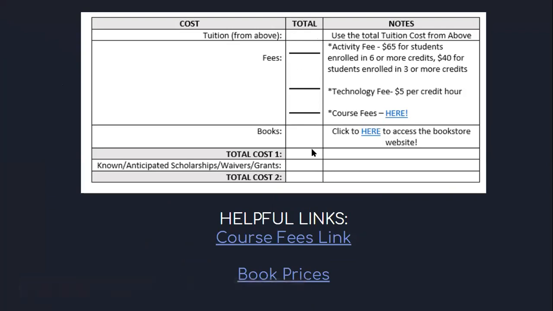The fees associated with everyone's degree, there are 3 of them: activity fee, technology fee, and course fees. So the activity fee is a $65 flat rate fee for students enrolled in 6 or more hours, or $40 for students enrolled in 3 or more credits. Technology fee is $5 a credit hour.